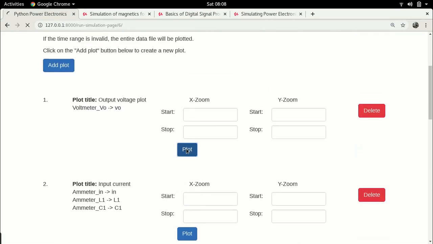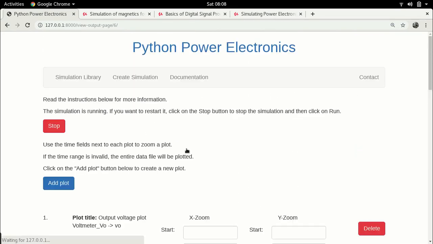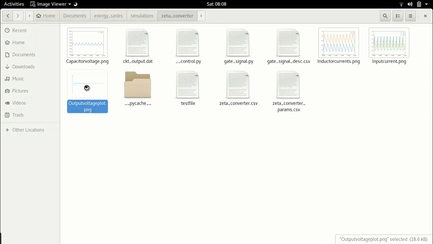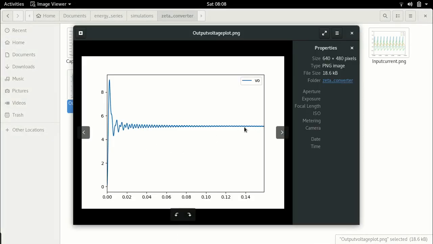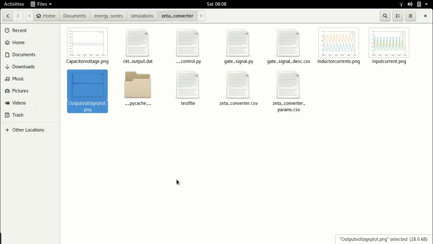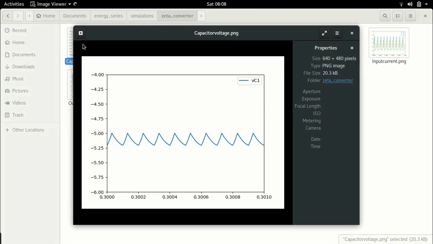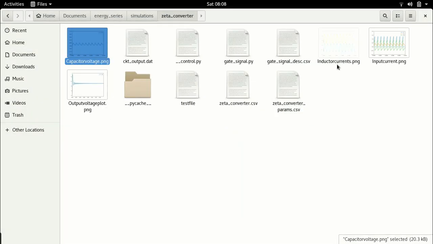So let's plot the output voltage. And this is the output voltage. It's significantly smoother because we've chosen a bigger value. So we have a value of 0.14. Let's go and zoom in between 0.14 and 0.141. And let's do the same for here.